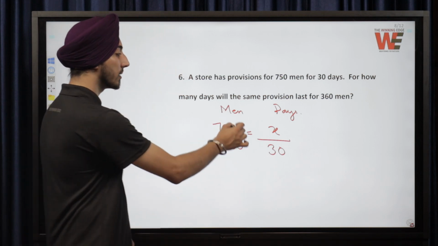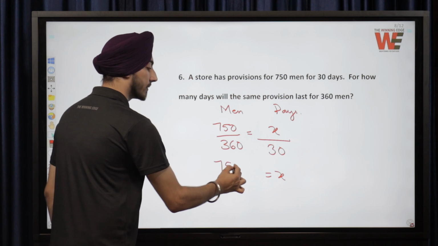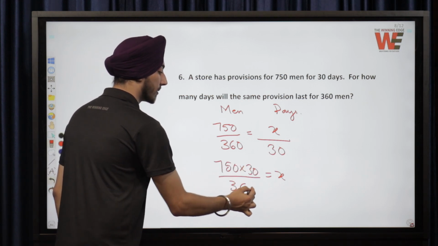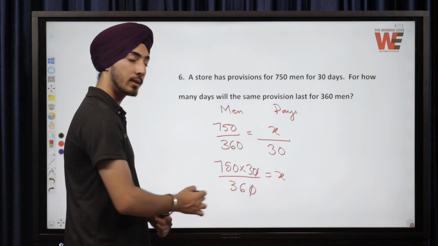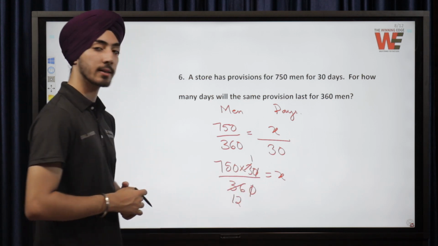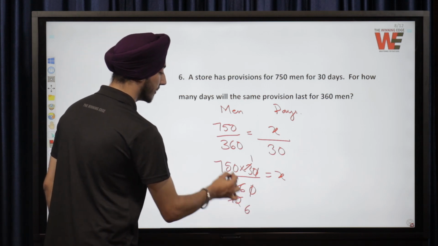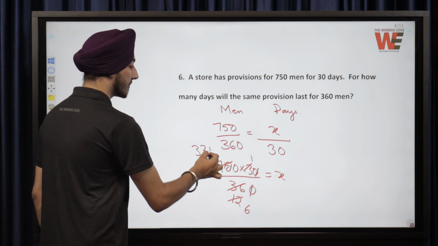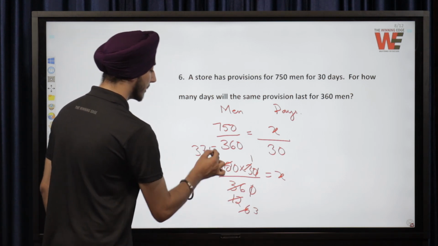Now X will remain wherever it is. 30 will go into the numerator. It will become 750 into 30 upon 360, right? 0 and 0 will get cancelled here. 3 ones are 3 and 3 12s are 36, right? Now let's cut it by 2's table. 2 6s are 12, 2 3s are 6, 1 carry, 2 7s are 14, 2 5s are 10. Again we can cut it by 2's table. 2 3s are 6.